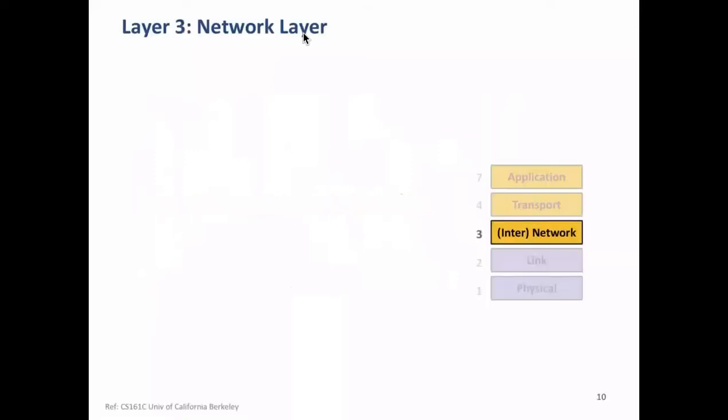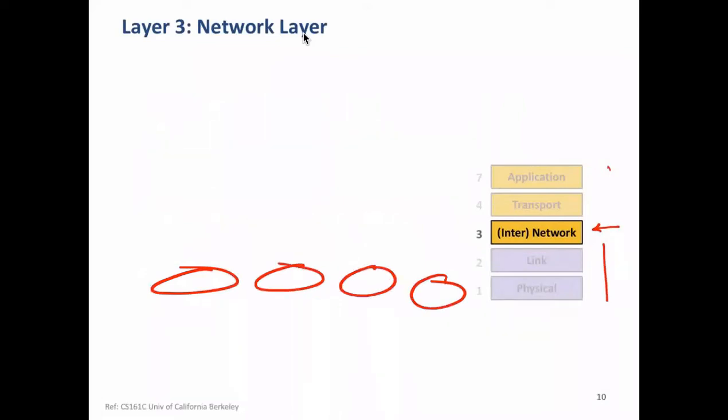So the network layer sits here above the link layer. Okay, and the role of the network layer is to connect different islands. These are the islands of LAN.